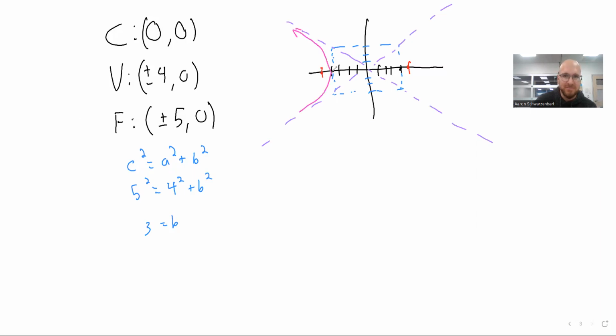This pink thing. To write the equation, this is horizontal, x squared over a squared. A is 4, just take the positive one. 4 squared is 16. B is 3, b squared is 9. There's my hyperbola.